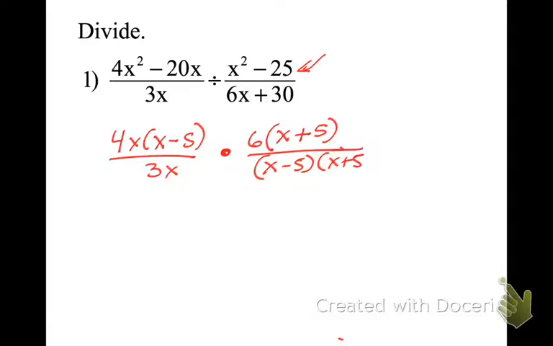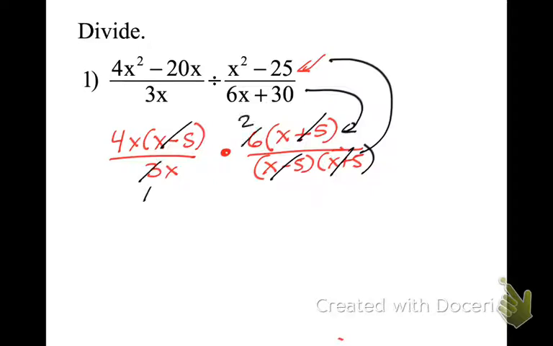When we start doing a lot of these, it's a lot of extra work, but just double check yourself that this is here and that this is now in the numerator. Okay, what can I cross cancel? X plus 5 and x plus 5. What else? X minus 5 and x minus 5. Anything else? A 6 and a 3, and I'm left with 1 and I'm left with a 2. Anything else?